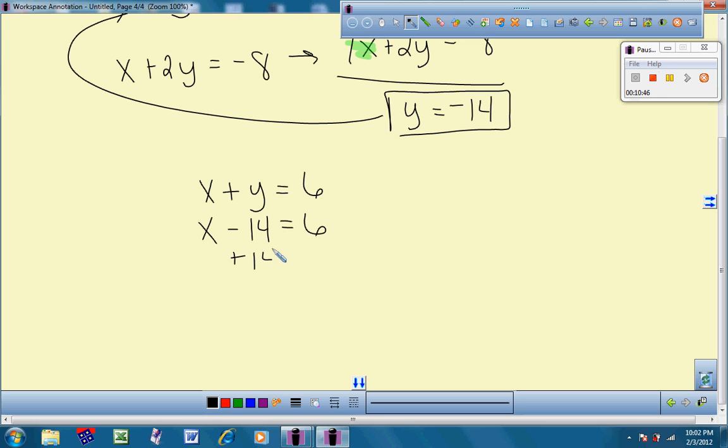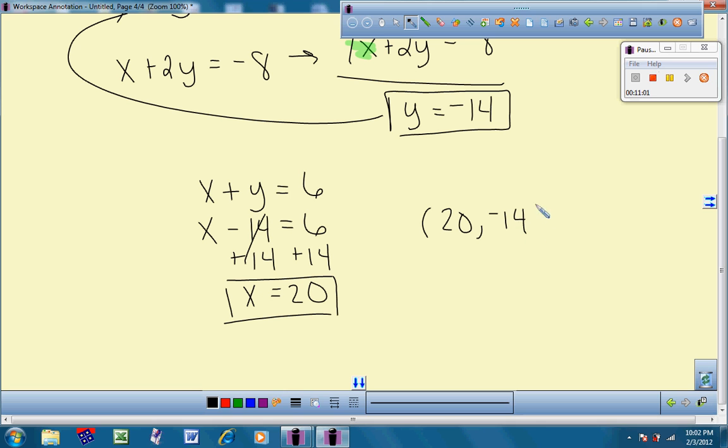Add 14, x is equal to 20. Okay, so now write your solution, 20, comma, negative 14, x first, then y. We can go back and check, plug these two values back into our original equations, and you will find that we have validated our solution.